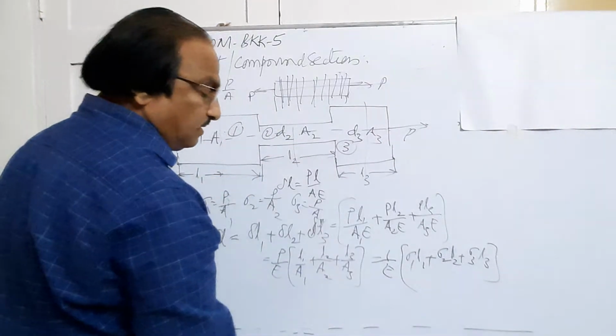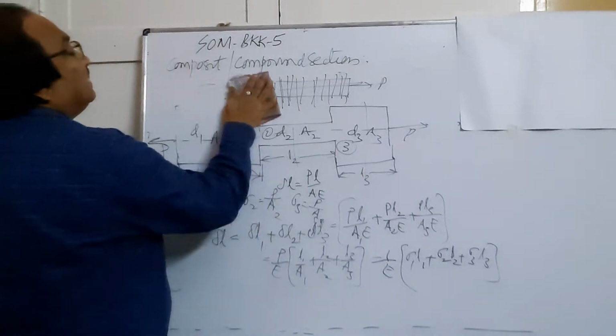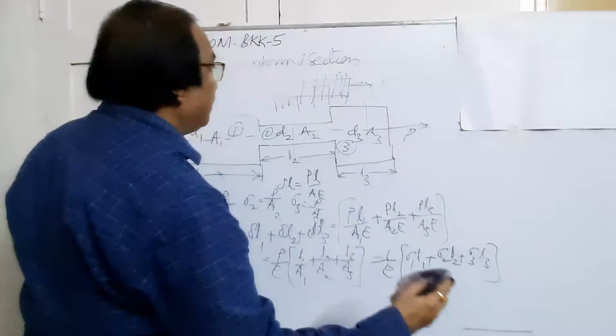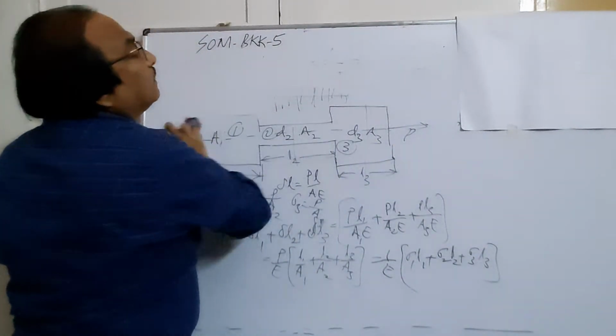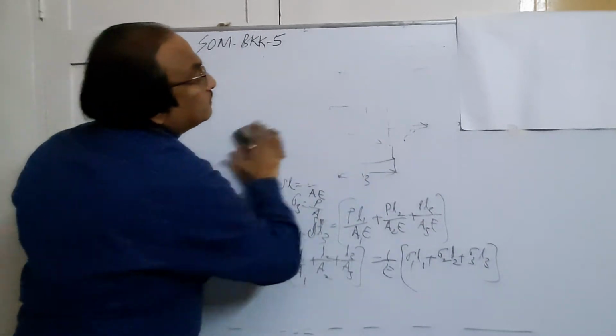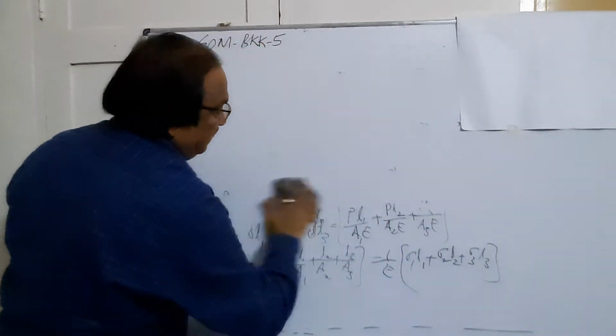So we'll take up a simple example here, how to determine the total elongation of the member.